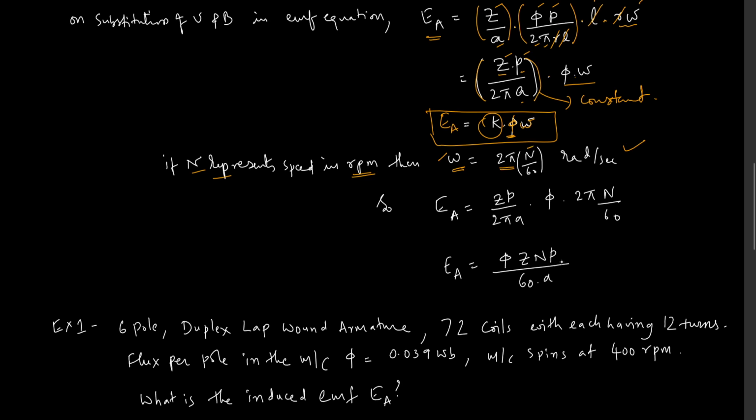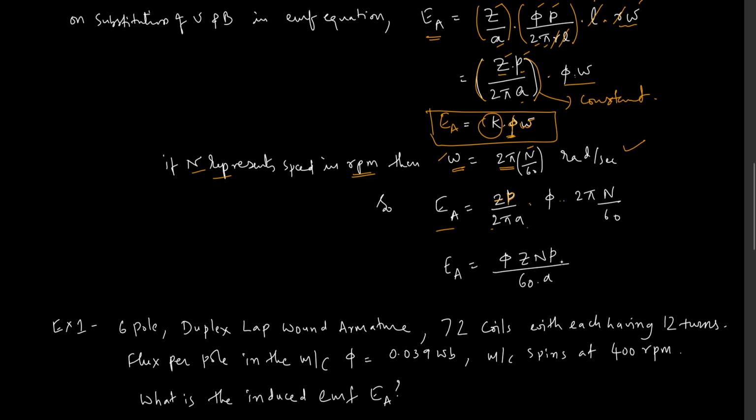I substitute this relation for omega in the above equation. So EA equals Z into P by 2 pi A multiplied by phi, replacing omega with 2 pi N by 60.